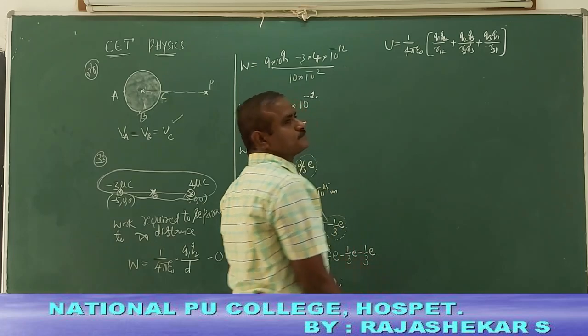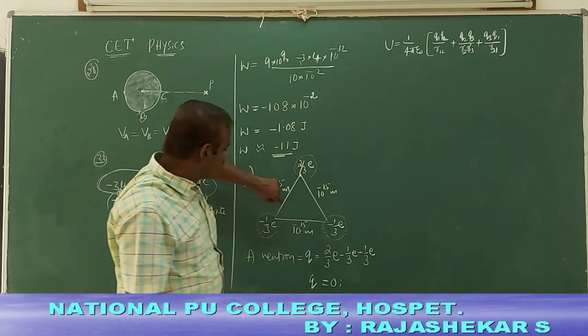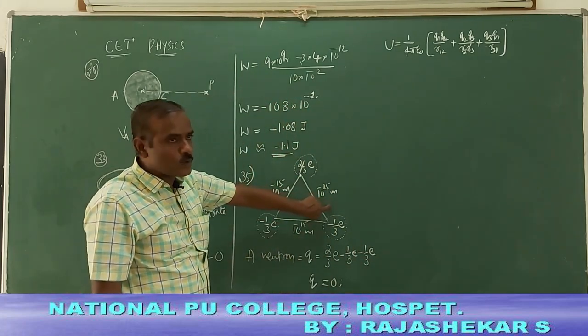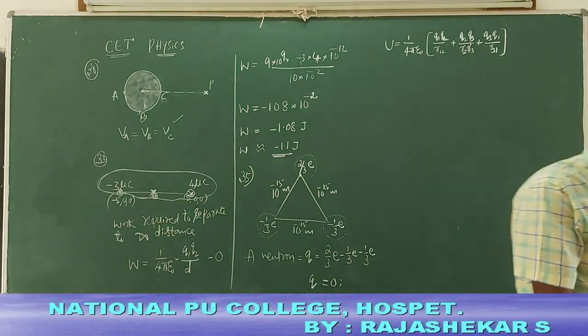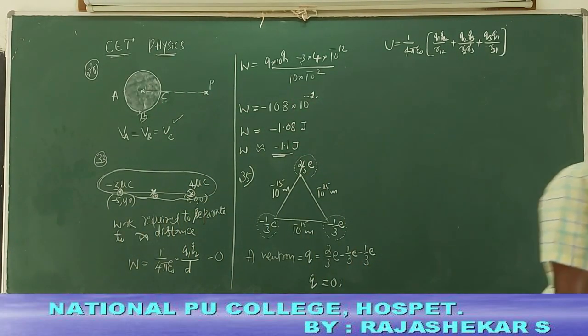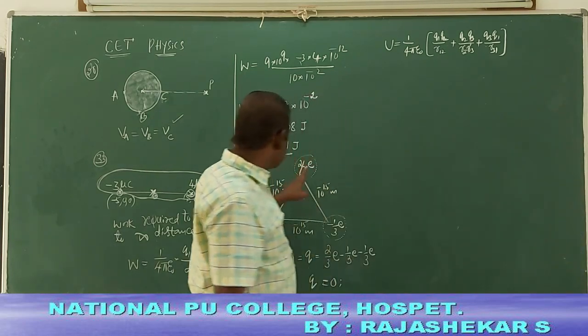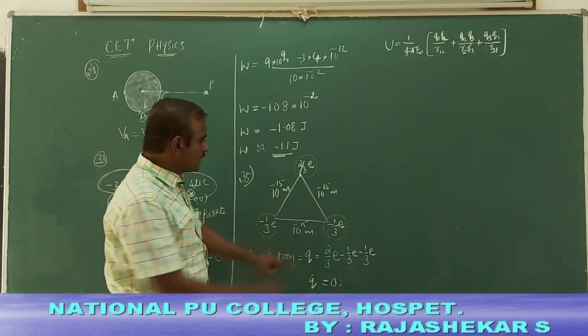However, R12 is equal to R23 is equal to R31. Look at this, it is same: 10 to the power minus 15 meter given. And this is Q1, this is Q2, this is Q3.